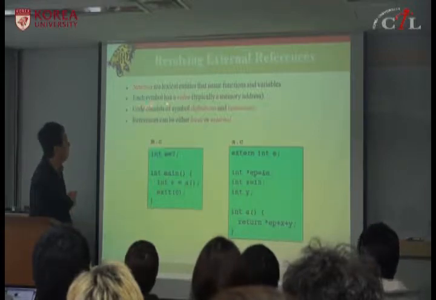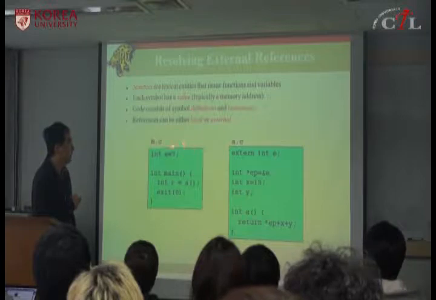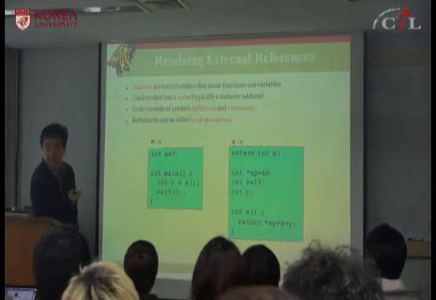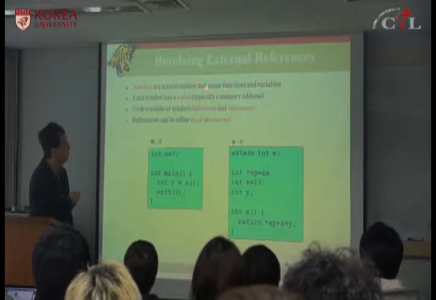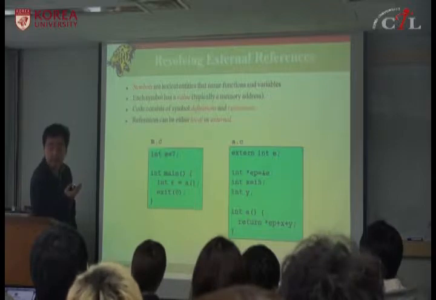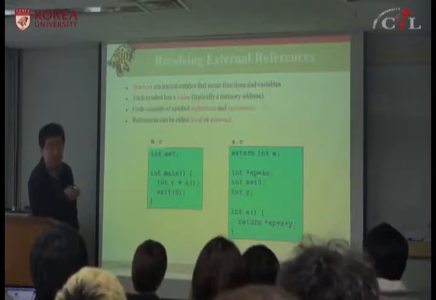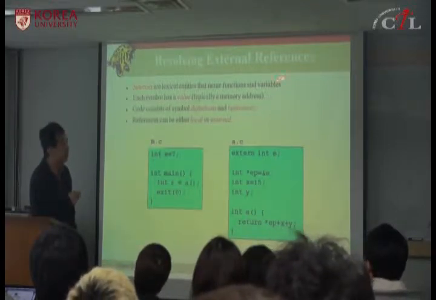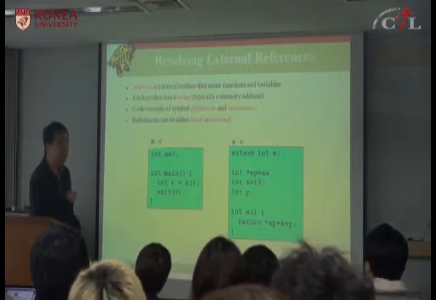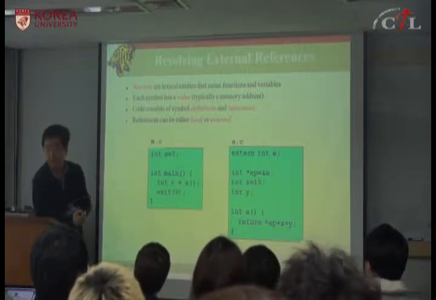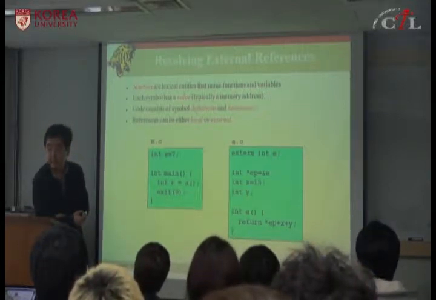Each symbol has a value. Typically, to the linker, the value is the address of the symbol. For a function symbol, it is the address of the first instruction of the function. For a variable symbol, the value is the address of that variable, its location. Okay?